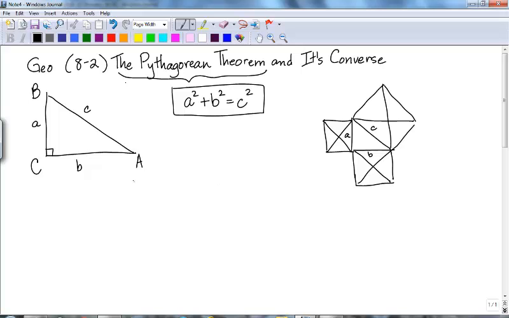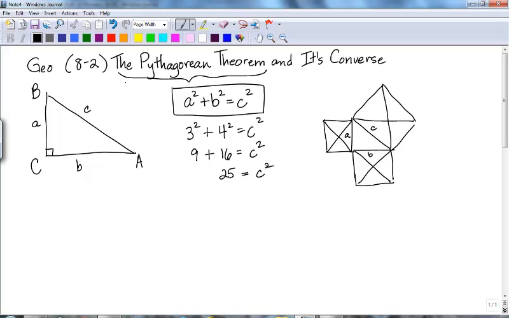So, in the Pythagorean theorem, for example, if A was 3 and B was 4, then you can solve for C. 3 squared would be 9, 4 squared would be 16, and then add them together, you get 25.